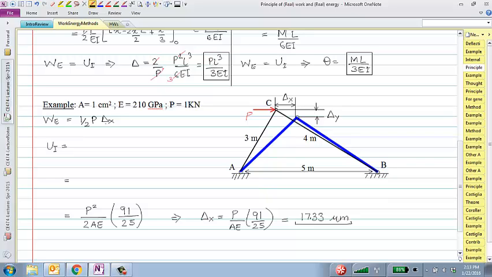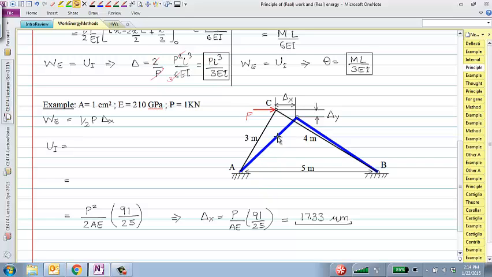How would I calculate internal work? If I can find the internal forces in these truss members, that's all I need for internal work, right? We just talked about how half n square L over AE was the internal work.